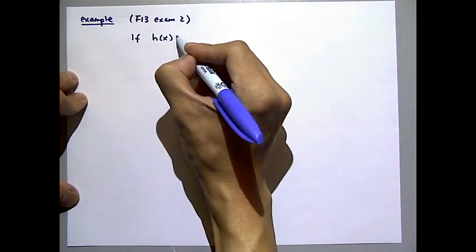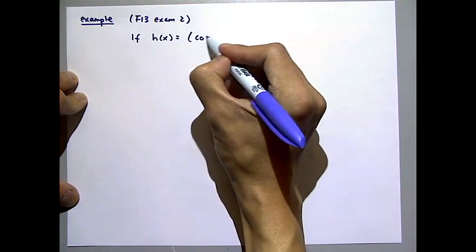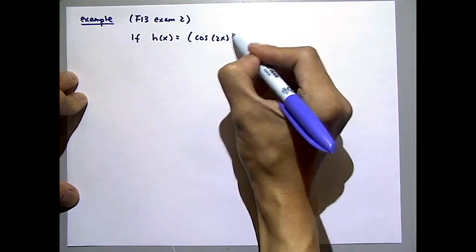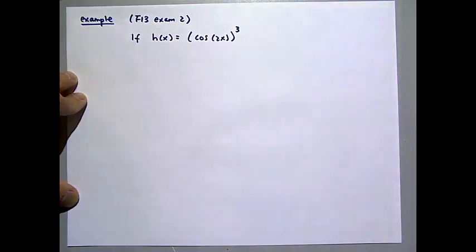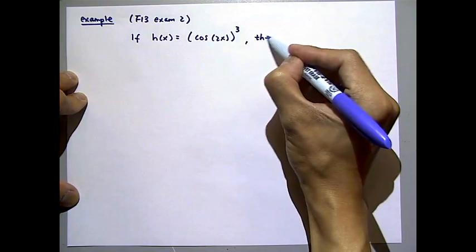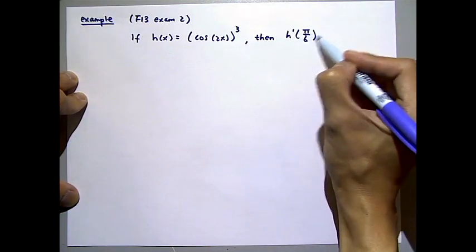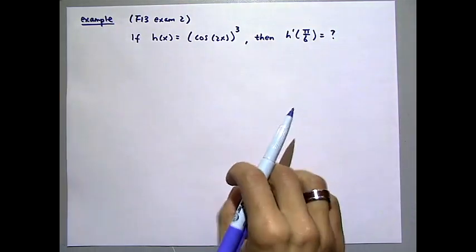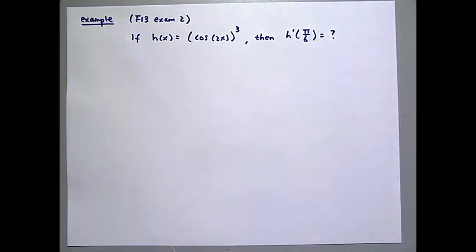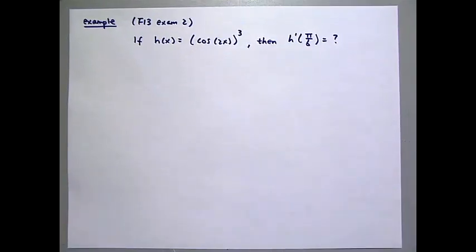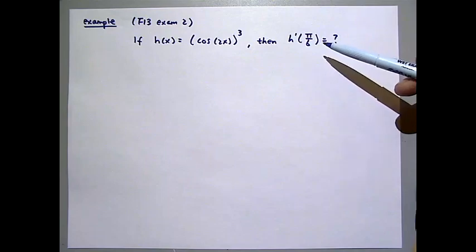If h of x is equal to cosine of 2x to the power of 3, then h prime of pi over 6 is equal to... Okay, so you take the derivative, get h prime of x, and then you worry about that pi over 6.